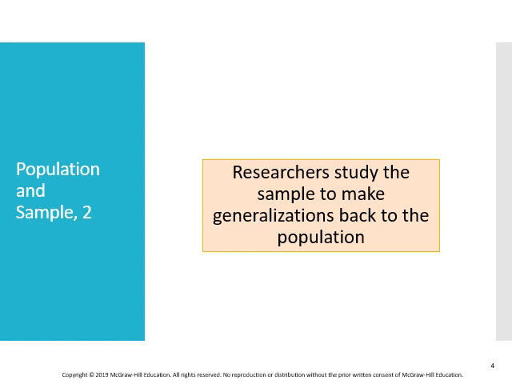Why are samples so important? Why do we spend so much time thinking and talking about samples? Because if a sample is representative of the population, then the researchers are able to make generalizations of their findings back to the population. What does that mean?